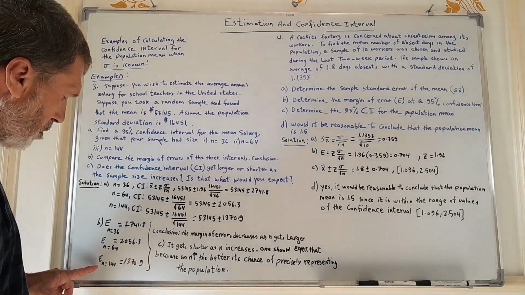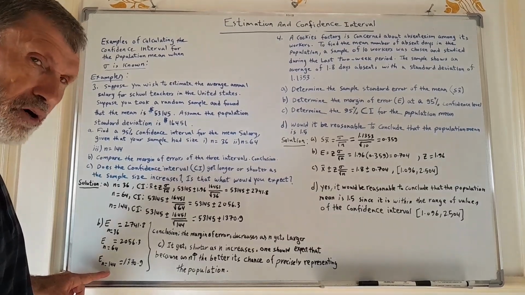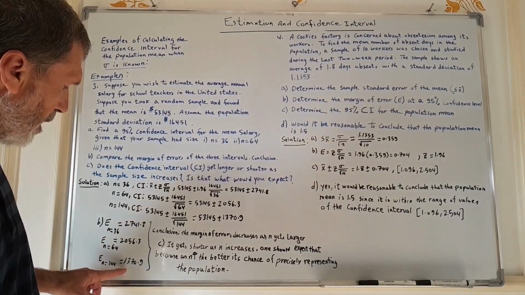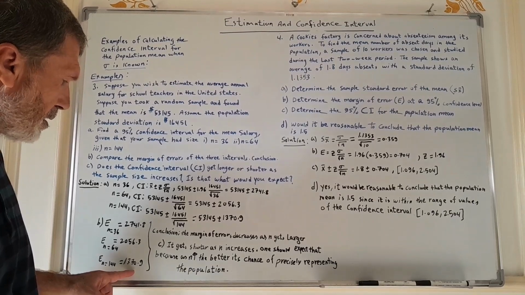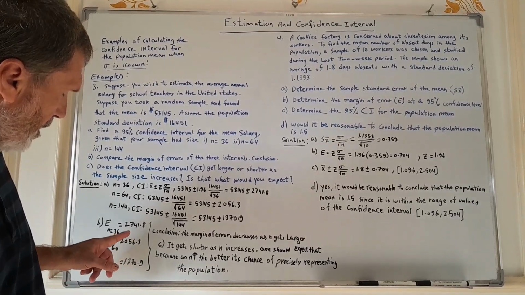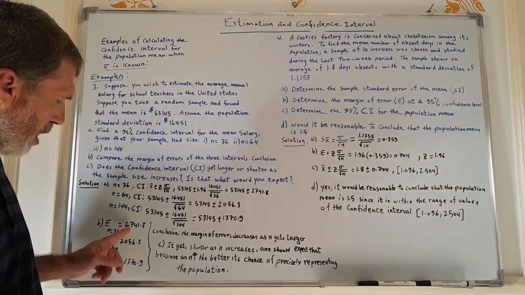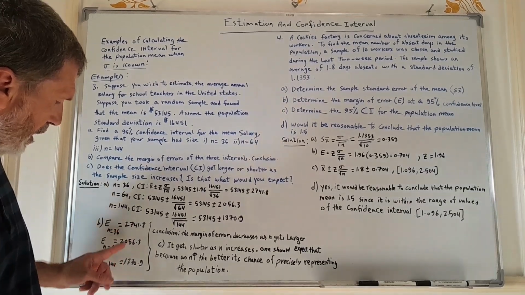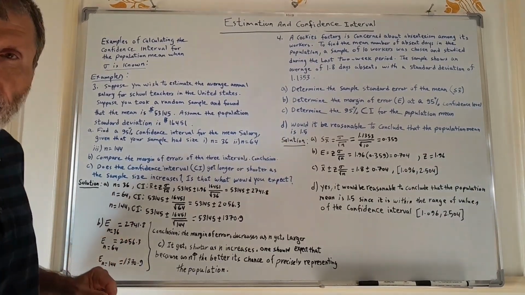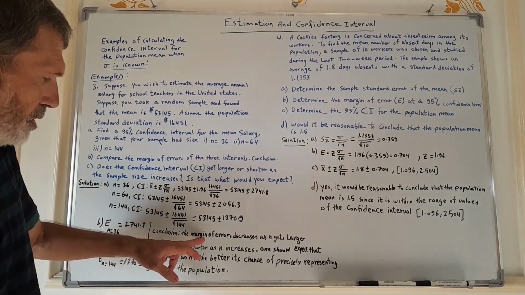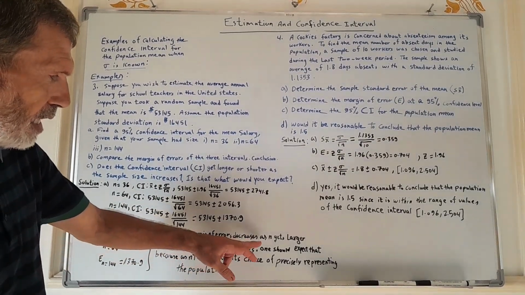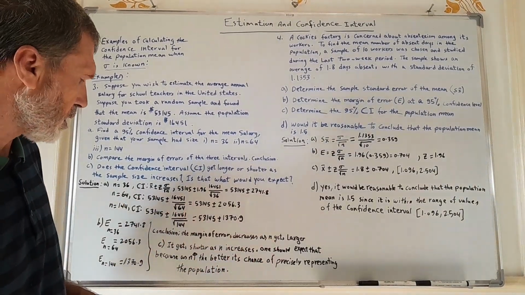The margin of error when n equals 144 is 1,370.9. As you can see, the values of the margin of error decrease as n increases. Conclusion: the margin of error decreases as n gets larger.